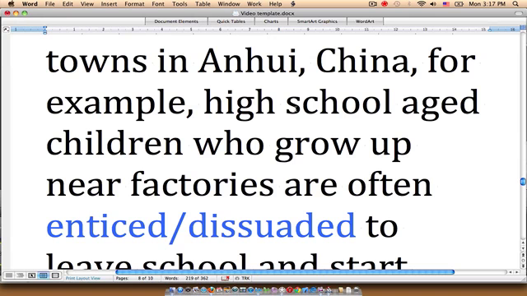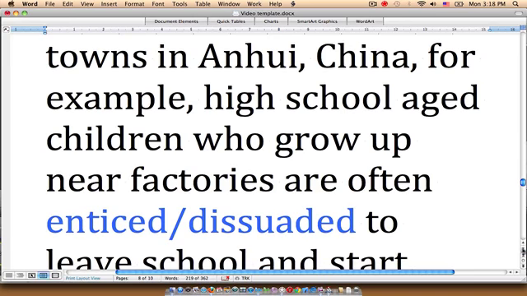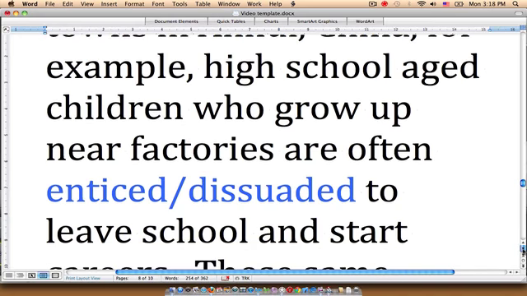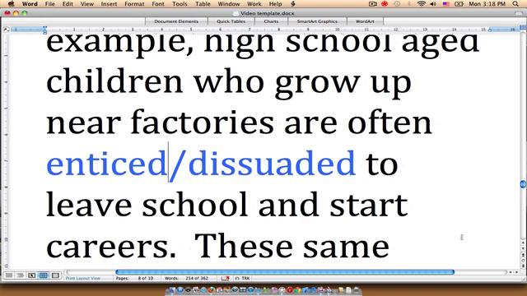And I'm sorry to pick on Anhui. I'm sure this is probably not true for all areas of Anhui, but I just have a bit of personal experience with that, so I'm just sharing this example. So here we would use enticed. Enticed means to encourage something or to tempt something. So we're saying that people are tempted to leave school and start careers. Dissuaded is the opposite of persuade.